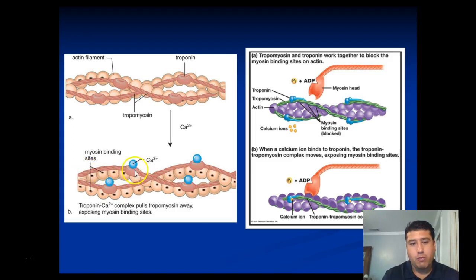But you see this rope-like structure. On this picture, this rope-like structure is known as tropomyosin. It's easy to remember because myosin is what's supposed to bind to actin in order for the muscle to contract. Well, the tropomyosin, between contractions, blocks the actin binding sites.